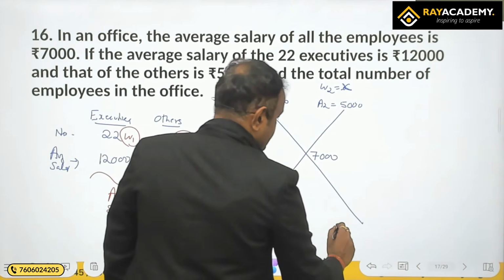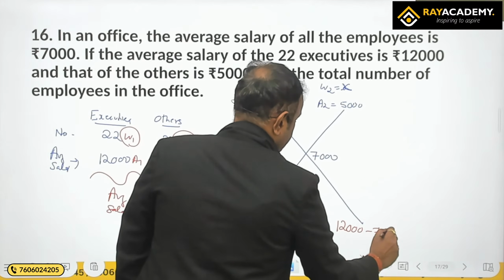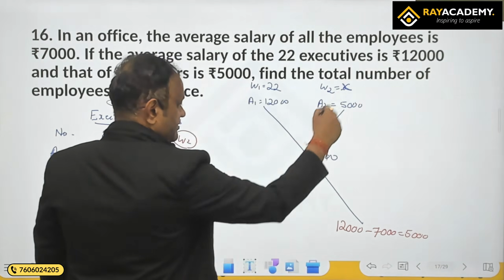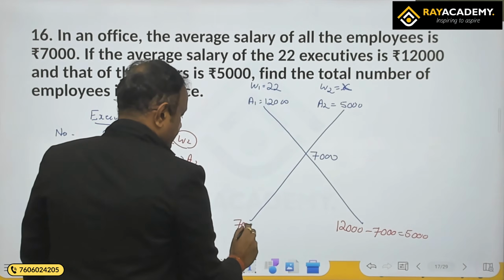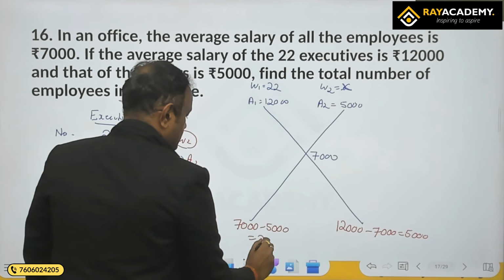Along this line, what is the difference? 12,000 minus 7,000 equal to 5,000. Along this line, what is the difference? 7,000 minus 5,000 equal to 2,000.